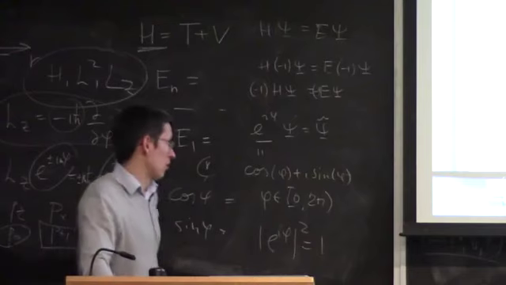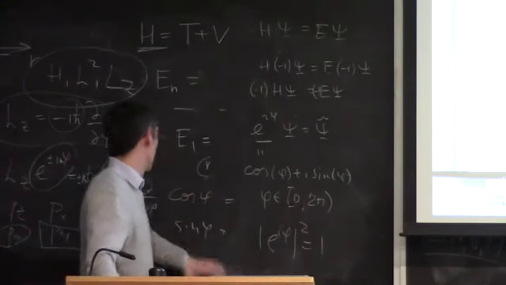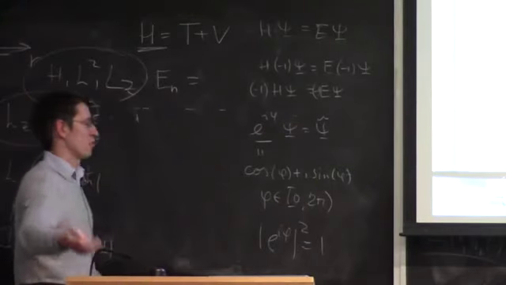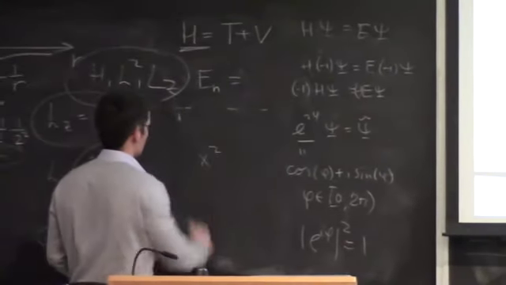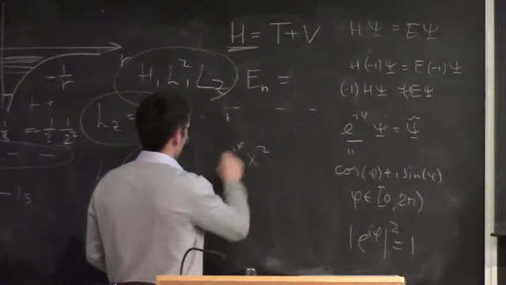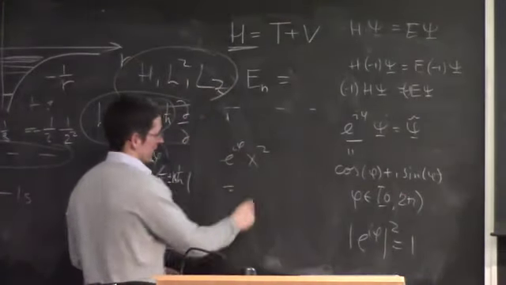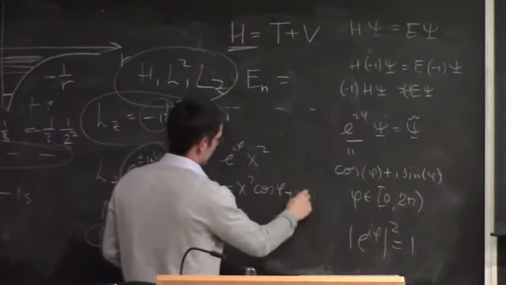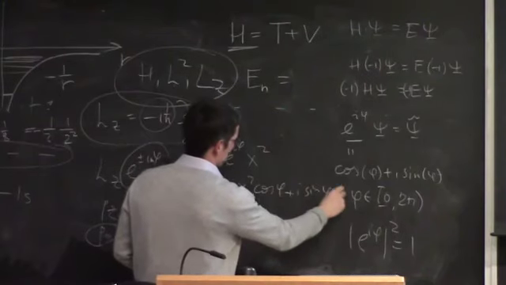If you plot psi, just give me any function you like, say x squared. If I multiply x squared by e to the i phi, what do I get? I get x squared multiplied by cosine phi plus i sine phi times x squared.